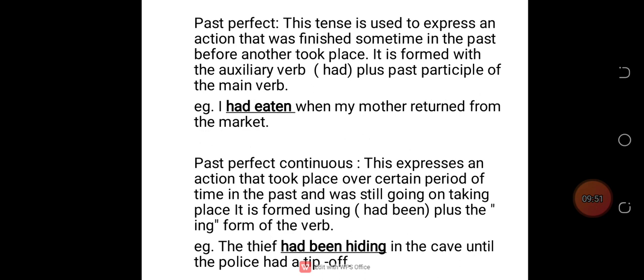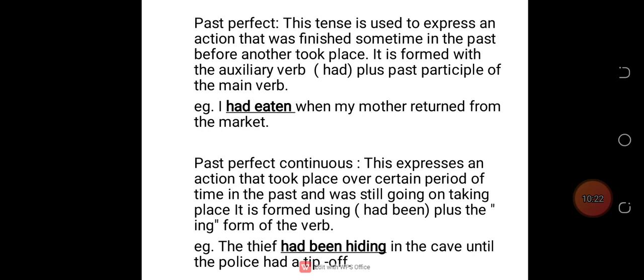I hope that is clear. I hope we are clear with the examples given with regards to the definition of the past perfect and the past perfect continuous tense of the verb.